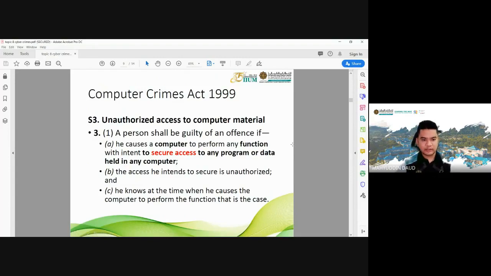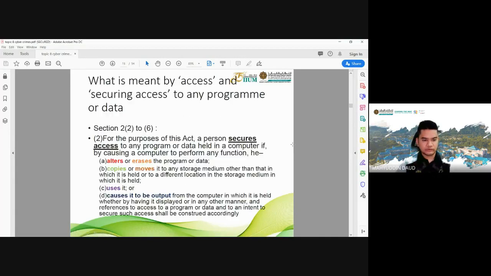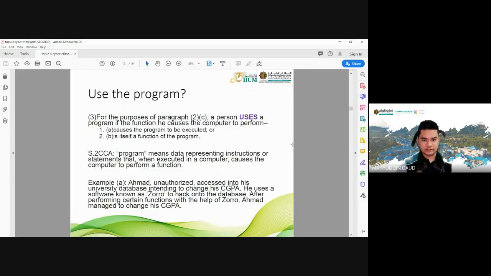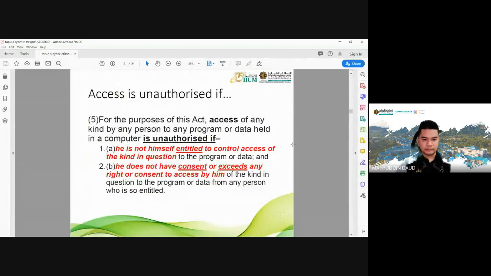So I'm hoping to see a breakdown of the discussion lah. So maknanya when you want to say that someone has done unauthorized access, he must also mean to have done the act under section 2 until section 6. So this has to be mentioned as well lah.